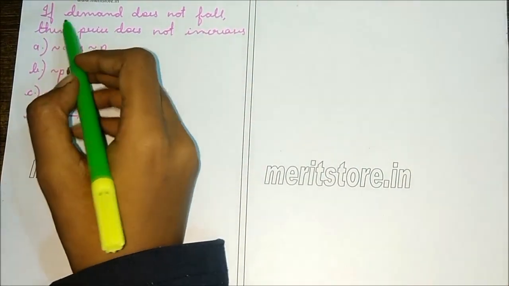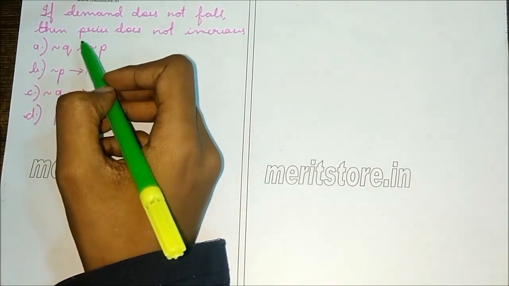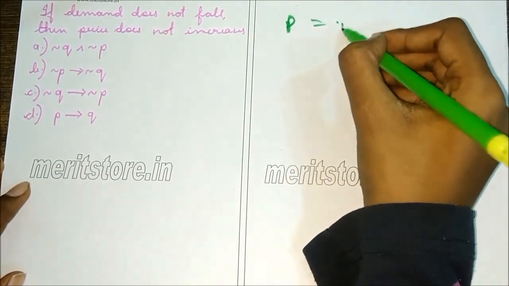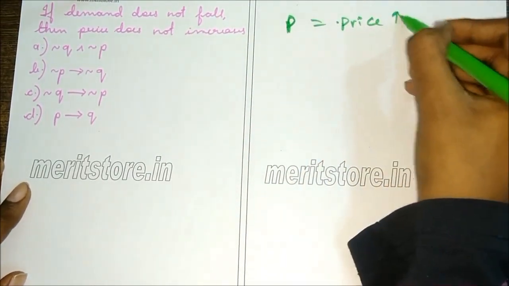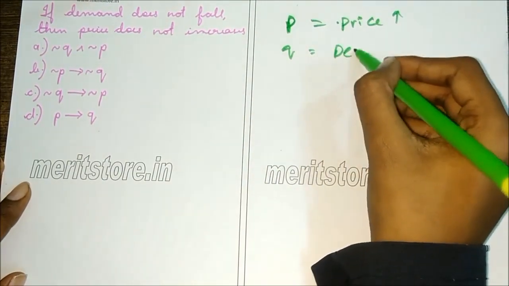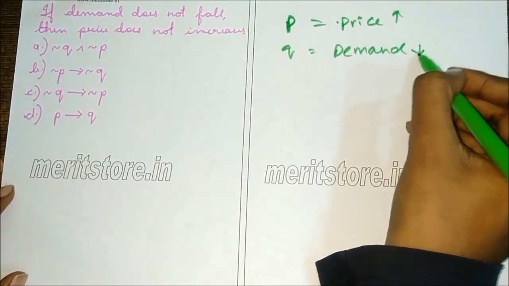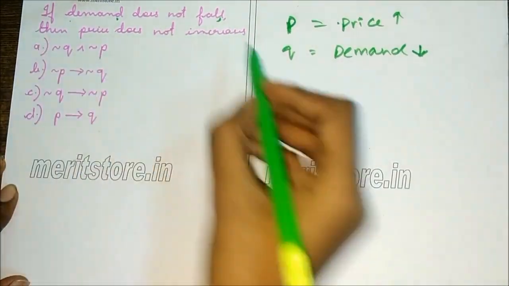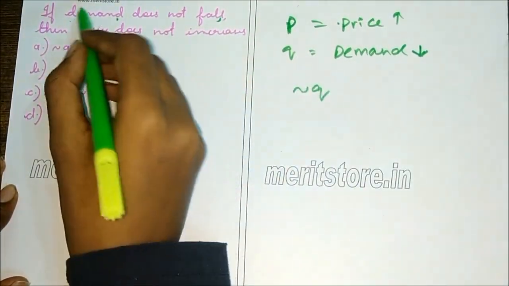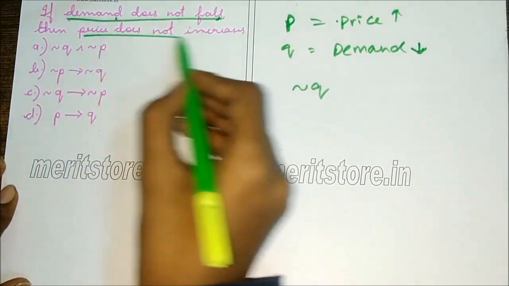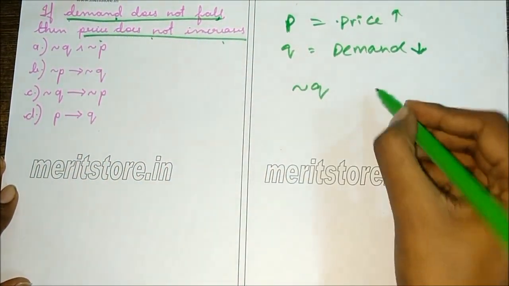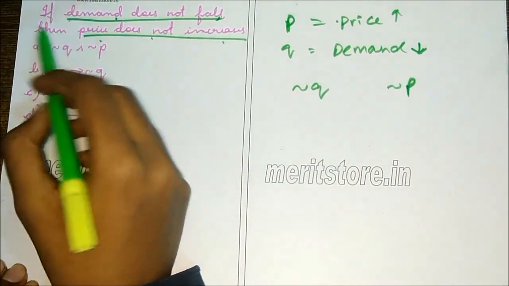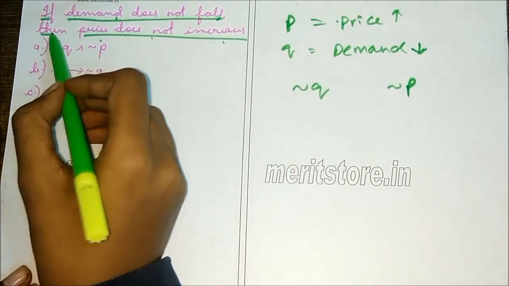So next statement is if demand does not fall, then price does not increase. Now we have P is price increases and Q is demand falls. So demand does not fall means negation of Q. And this statement means price does not increase, which is negation of P. And it is combined by using a conditional statement, that is if then.